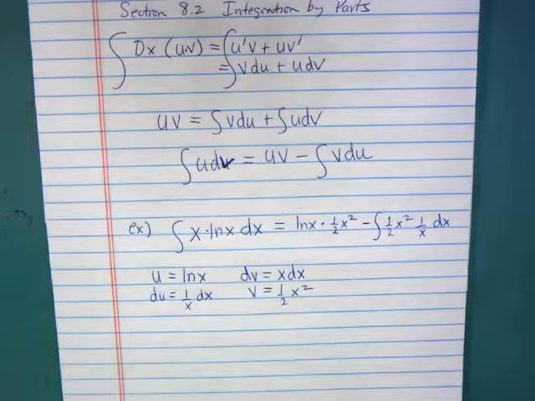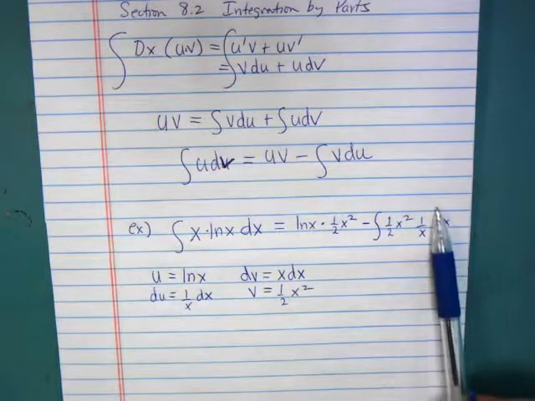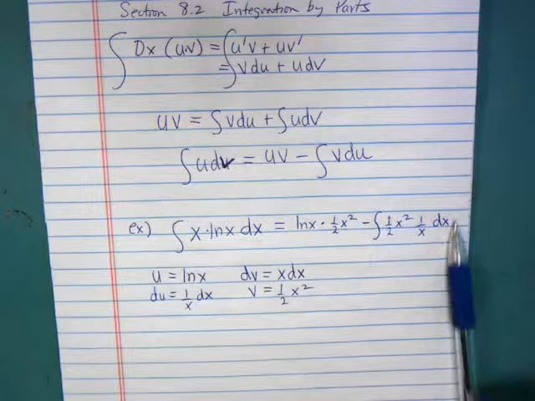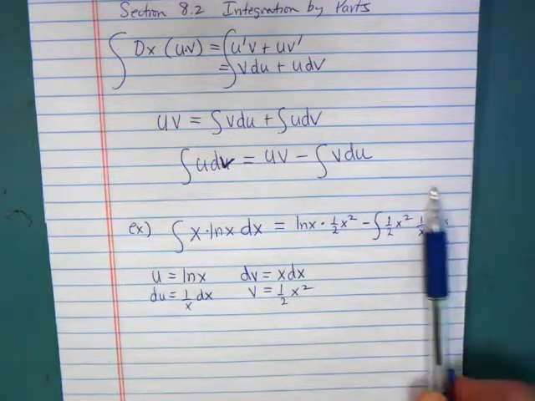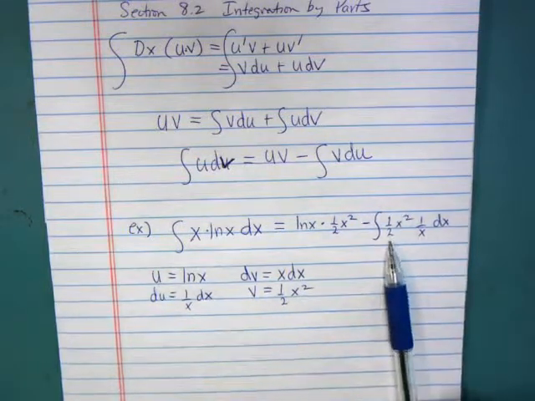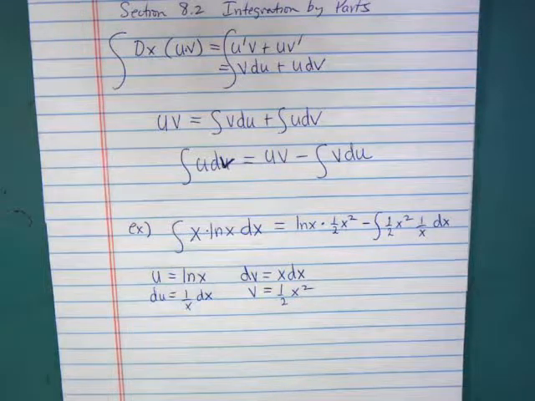Well, you know you're on the right path if this integral over here is now something you think you can take care of. Can you integrate 1/2 x squared times 1 over x dx? And if so, how?